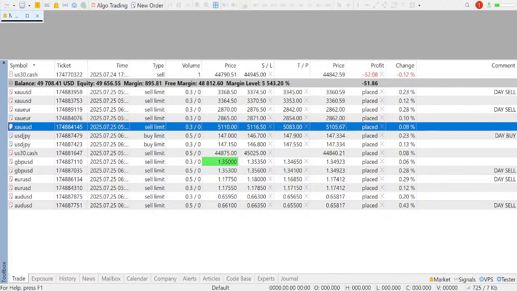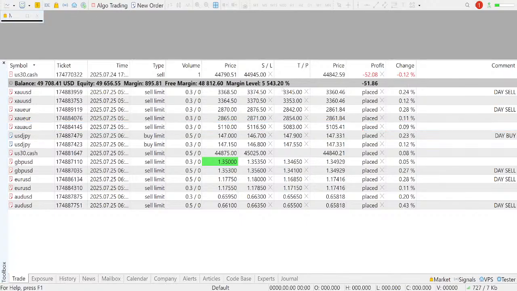The next one is we are going for a day sell, gold Aussie. Remember, it is 14 half, and remember our stop loss was 20 half.